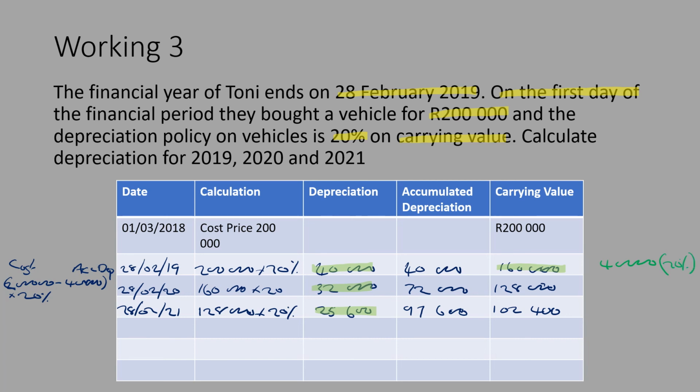So when I go to the second year, mathematically, I just need 80% of the 40,000, because I'm not going to be needing the other 20% because it has been removed. So for 2020, I'll say 40,000 times 80%, this will give me 32,000.